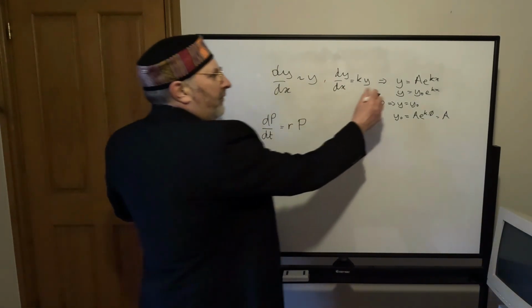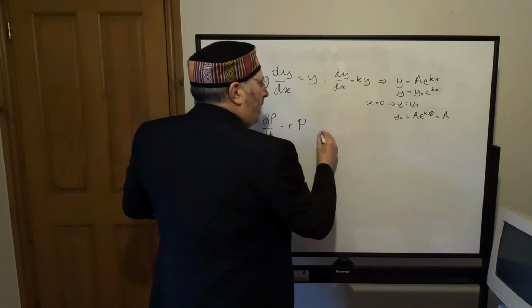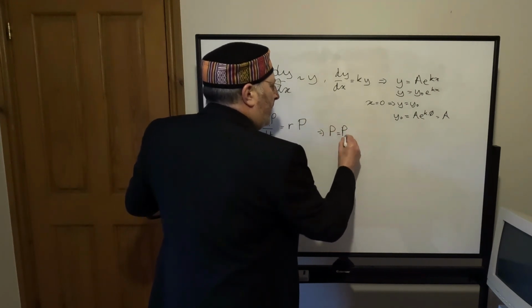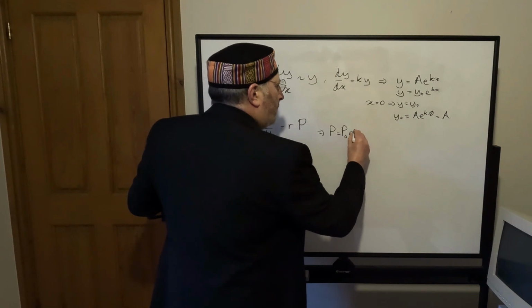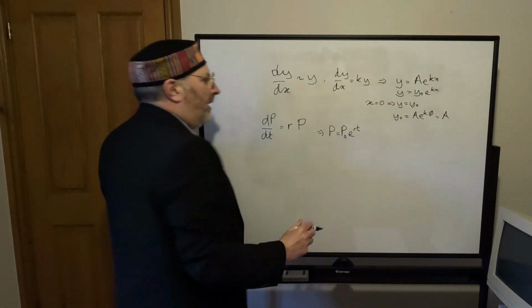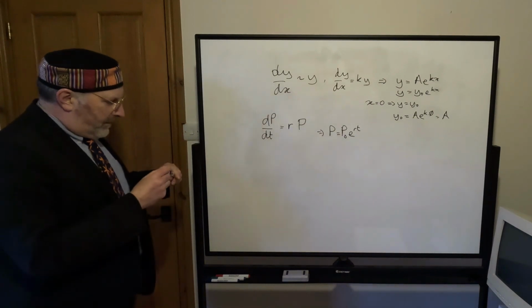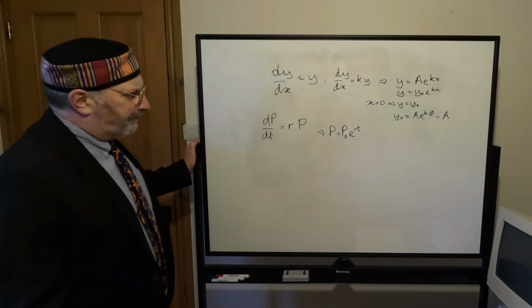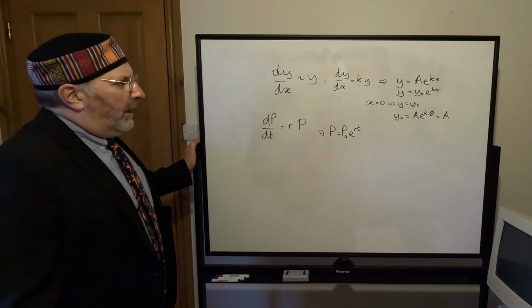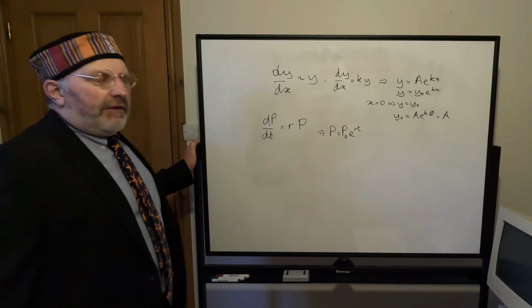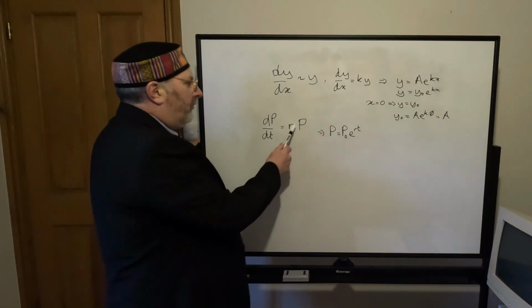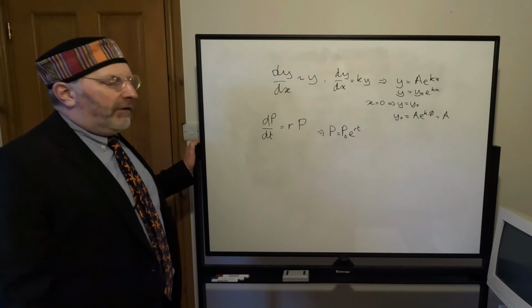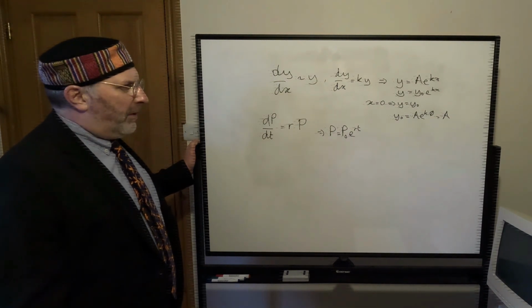And so that tells us that the population is going to be equal to p0 times e to the rt, p0 being the initial population at time 0. So population growth is exponential because the population growth rate is dependent on the existing population. It's proportional to the existing population.